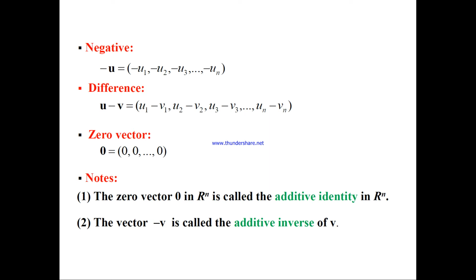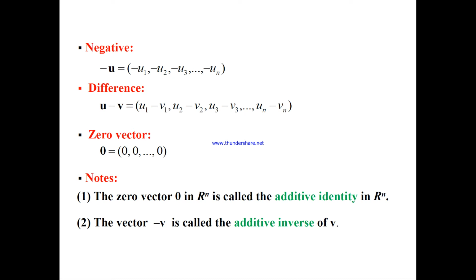There is a note here which you need to keep in mind. The zero vector 0 in R power n is always called the additive identity. Very, very important. I made that in green color. What additive identity means is, if you add 0 with v, you will get back v only. You add the 0 vector with the u vector, you will get back the u vector.